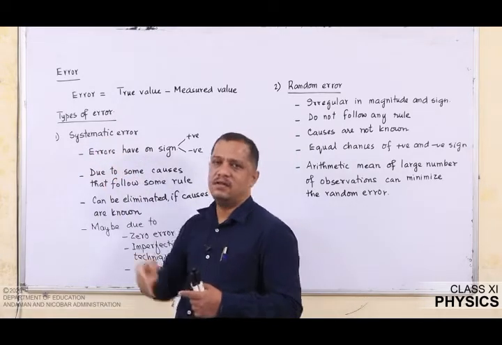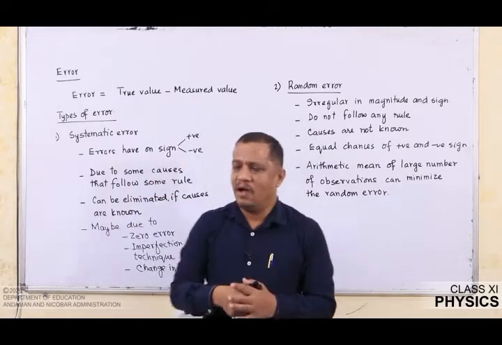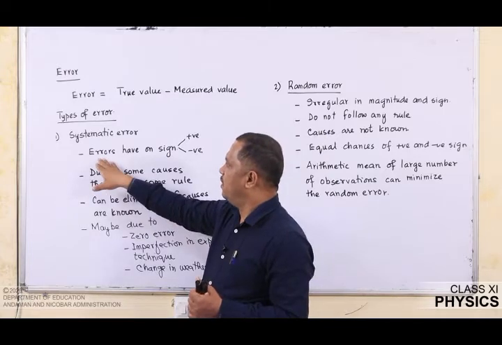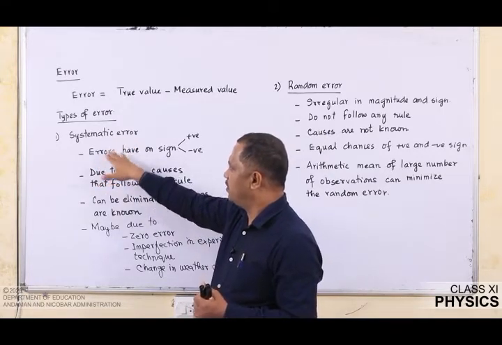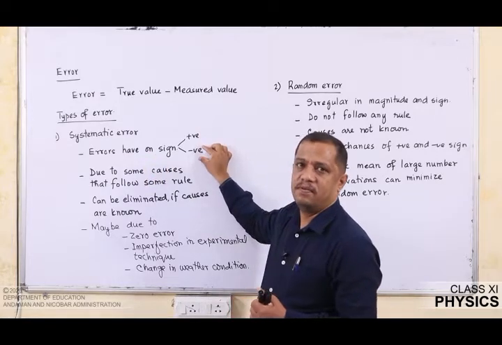Now what are the types of error, if you ask? Broadly we classify the errors as systematic error and random error. What are systematic errors? See, this type of errors will have either positive sign or negative sign.